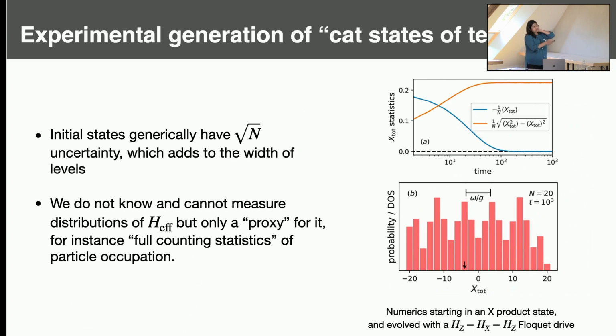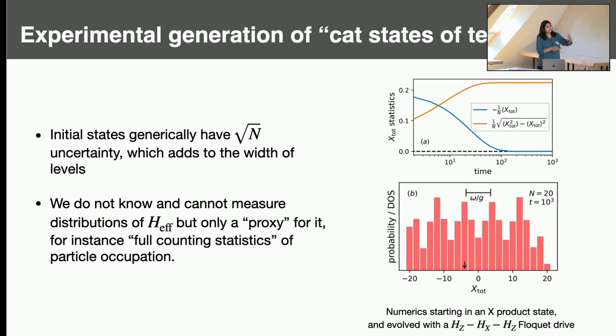What you can do, and this is an actual numerical simulation that can be done in a lab like Emanuel Bloch's lab, is you can start with some generic initial states. So I said all this in terms of H effective, but H effective is, of course, extremely difficult to both calculate and prepare. But you can start with some generic product state, which will have some square root of n uncertainty, which will add to the width of these levels. And you can't measure H effective, but you can measure some proxy of it.